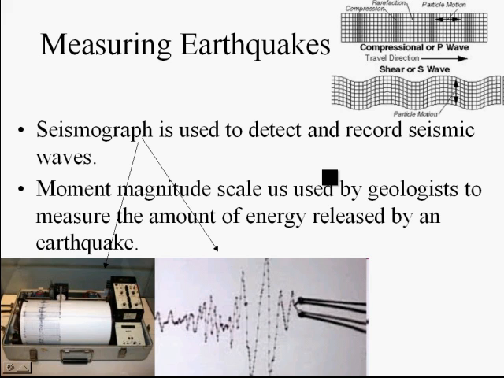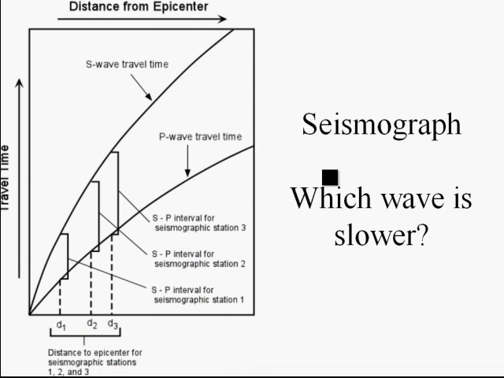Geologists now use what they call a moment magnitude scale to relate earthquakes to each other. And this measures the amount of energy released by an earthquake. So this is a seismograph. You can see here you've got time that took the wave to travel. Up here you have distance it traveled.